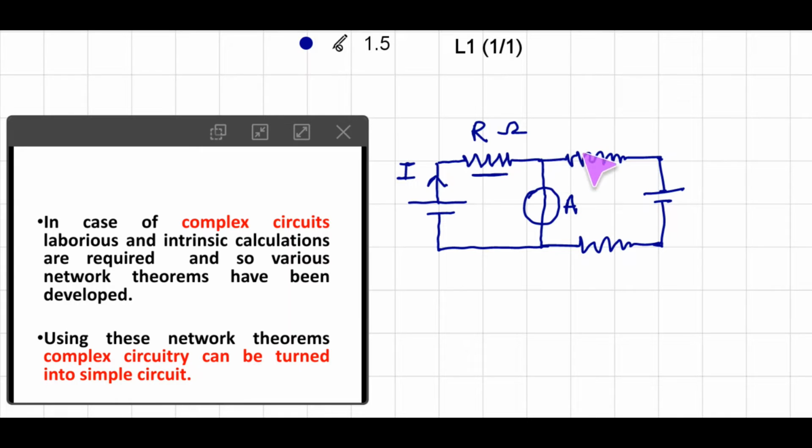Here I've shown only 3 resistors, but the circuit may consist of a number of resistors, capacitors, etc. And when we want to study how much current is flowing through each component, how much voltage is provided by the battery, and what are the potential differences across all resistors, we need to understand the network theorems, and that is why they are necessary for complex circuits. And using these network theorems, complex circuitry can be turned into simple circuitry.